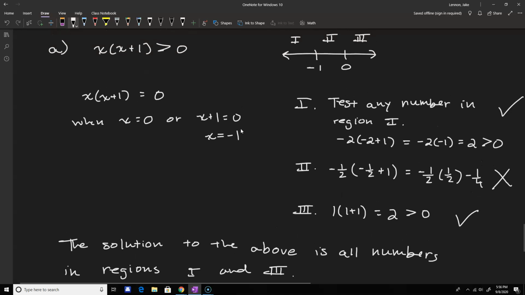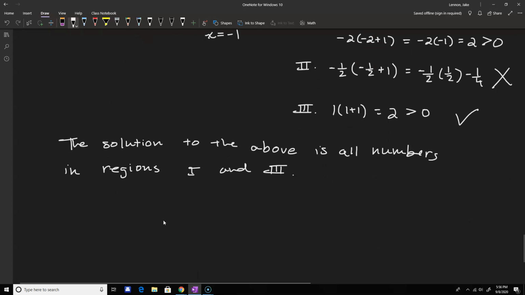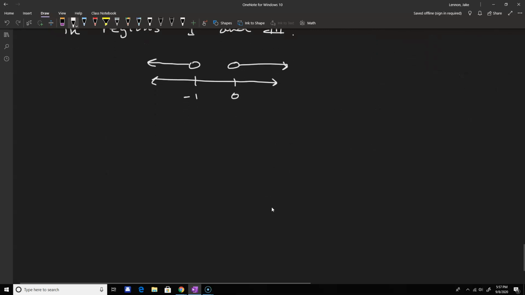Again, if you plug in negative 1 and 0, then that would result in 0, and we need our numbers to be strictly positive. It did not allow for inclusion of 0. So we have our numbers negative 1 and 0, and we are including region 1, so we'd shade region 1, and then we would also shade region 3. So all of those numbers are part of the solution set. So you've just kind of got those two disjoint regions.